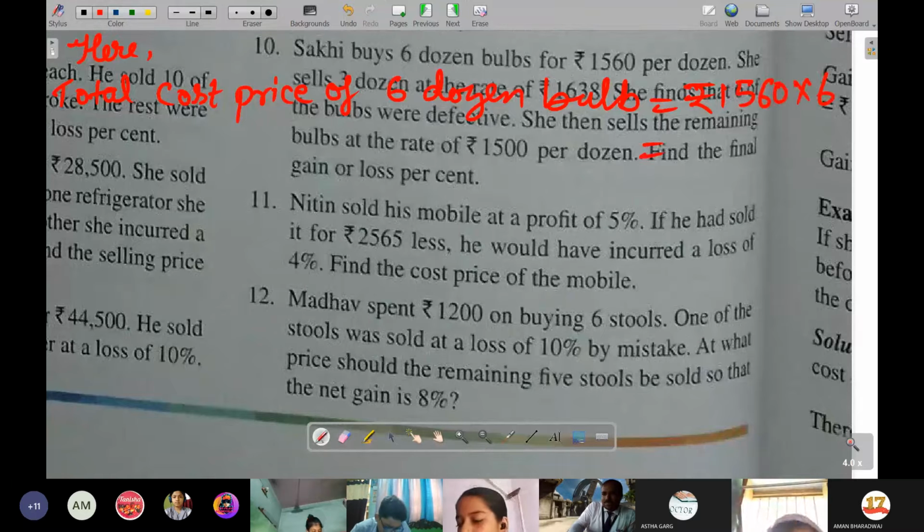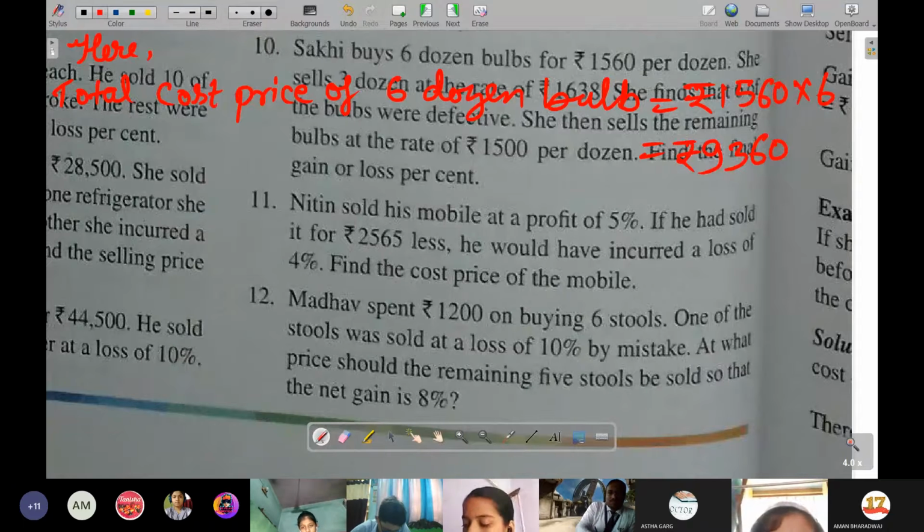When we multiply, 6 0 is 0, 6 6 is 36, carry 3, 6 5 is 30 and 3 is 33, carry 3. Again 6 1 is 6 and 3 is 9. That means rupees 9360 she had spent for buying.